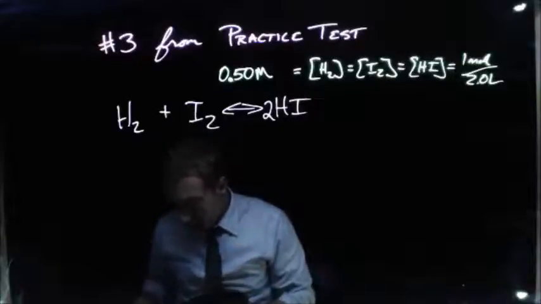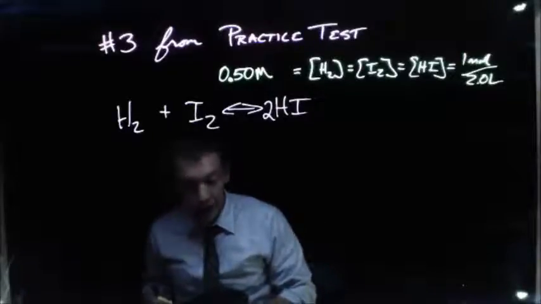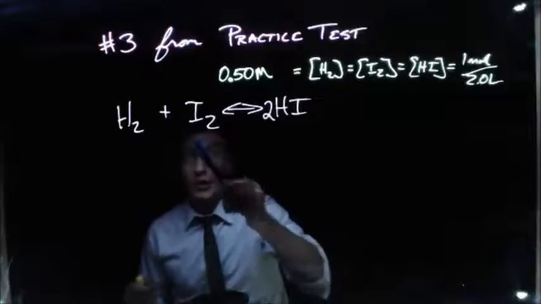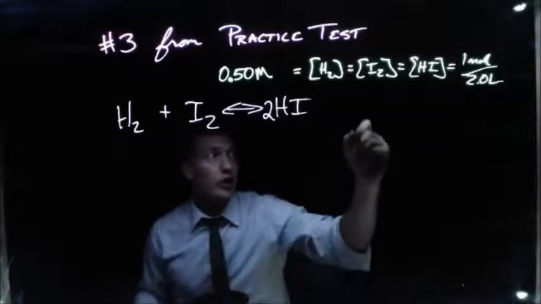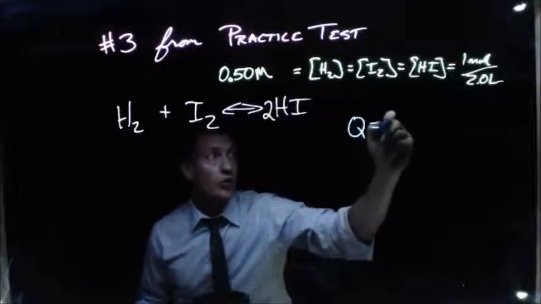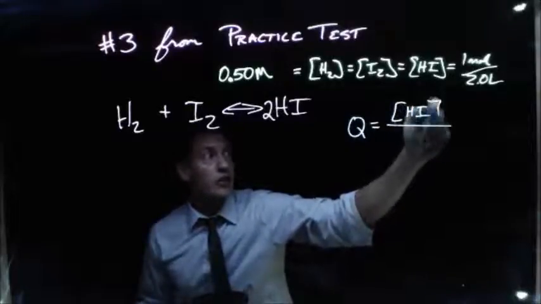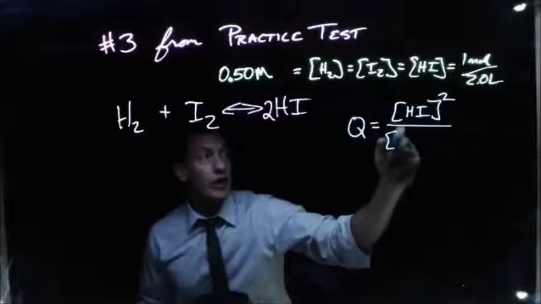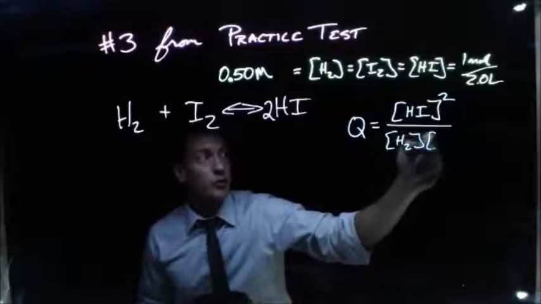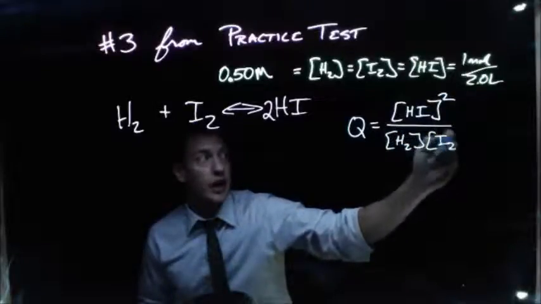And then it wants to know, what is the reaction quotient of the initial system? Well, based on this balanced equation, Q would equal the concentration of HI squared over the concentration of H2 multiplied by the concentration of I2.